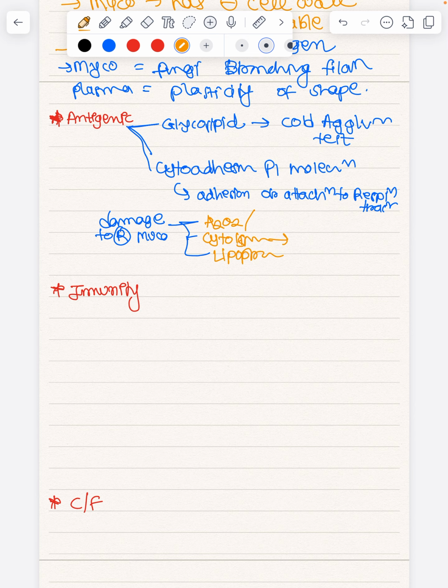The cytotoxin is similar to the vacuolating cytotoxins, similar to the pertussis toxin. Lipoproteins increase the inflammation of the affected mucosa.